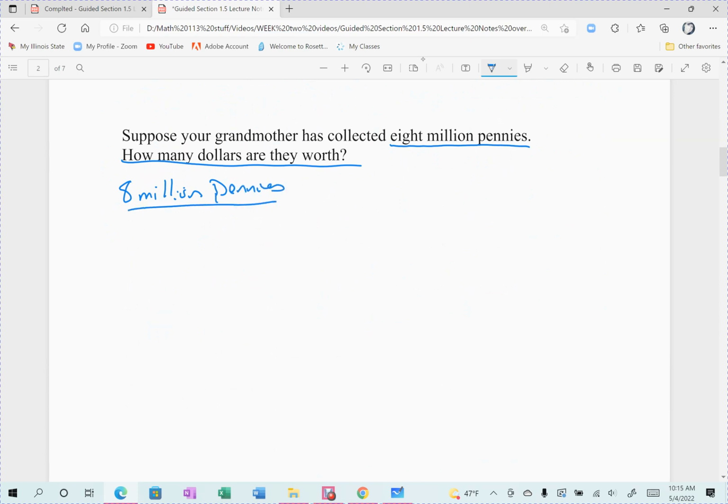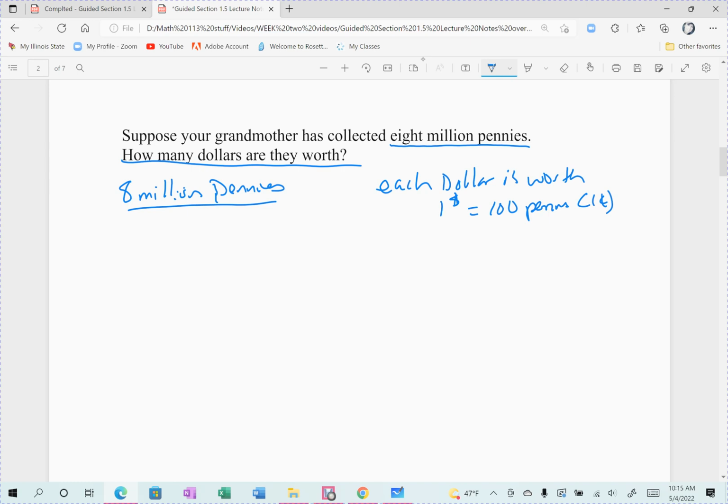How many dollars are they worth? Well, remember, $1 is the same as 100 pennies. There are 100 cents per dollar. So I need to convert between pennies and dollars.